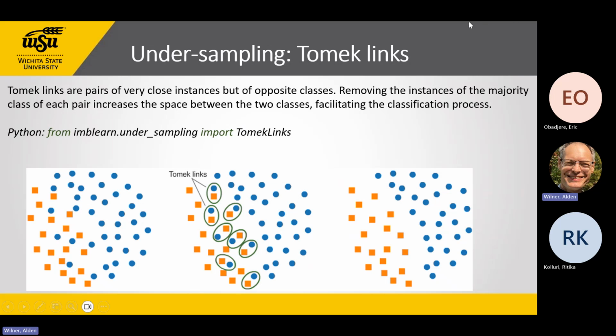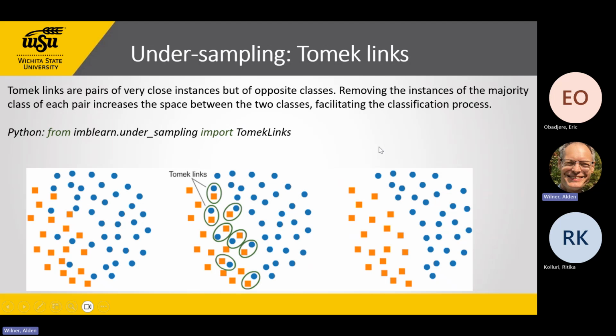So Tomek links: we take pairs of observations that are very close to each other, but are in opposite classes. And then we remove the majority case of each pair.